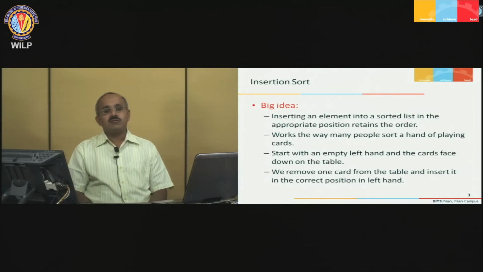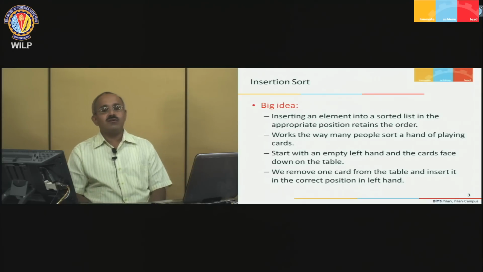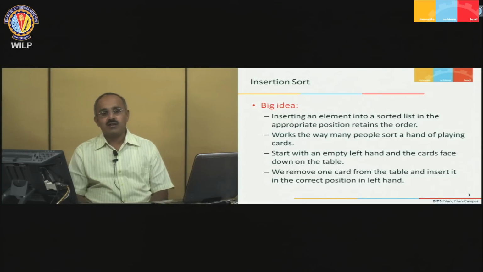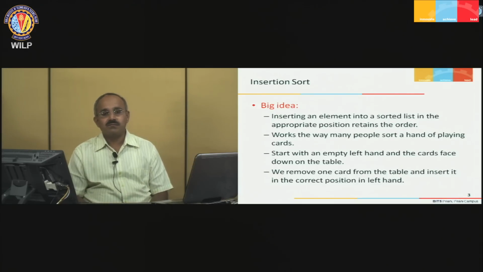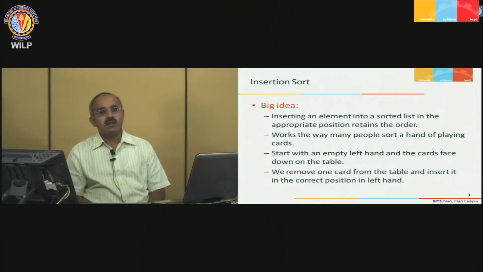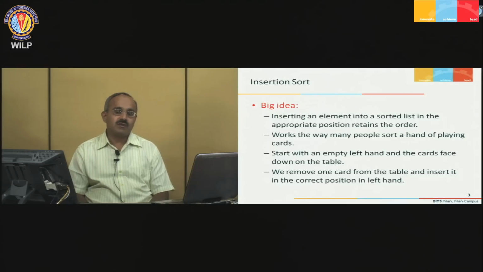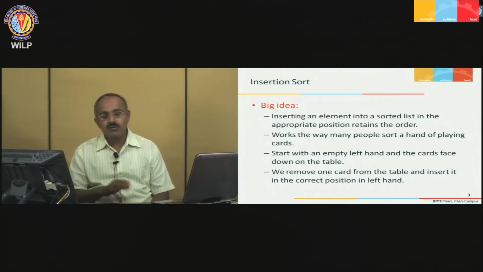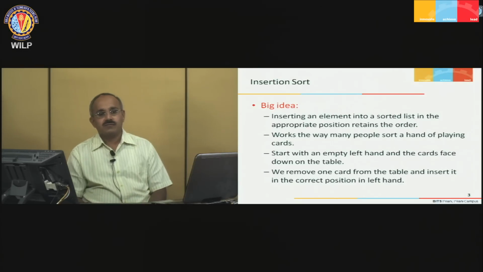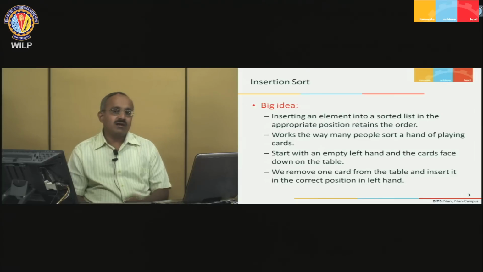This algorithm works on the principle that we use while playing cards. While playing cards, when we want to arrange the cards in our hand, we pick them up from the table one by one, and as we pick them, we keep arranging them in our hand. So, you have cards on your table, you pick up the first card, keep it in your left hand. Now this single card is in its right position.